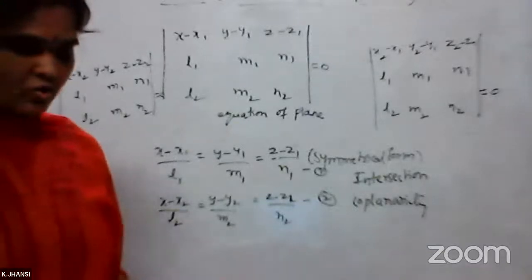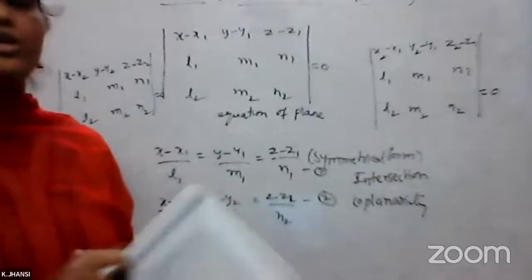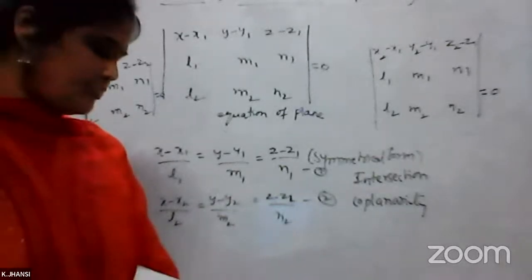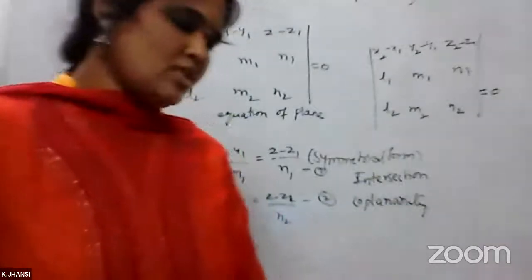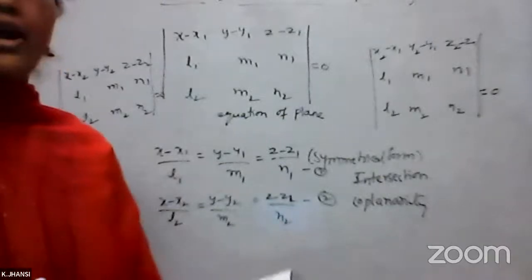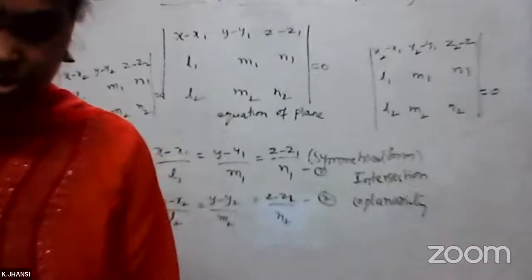Even in Check Your Progress, there is intersection. Find the point of intersection and also the plane containing them. In the worked out exercises, you have many questions on intersection and also coplanarity. So try to practice all those problems.